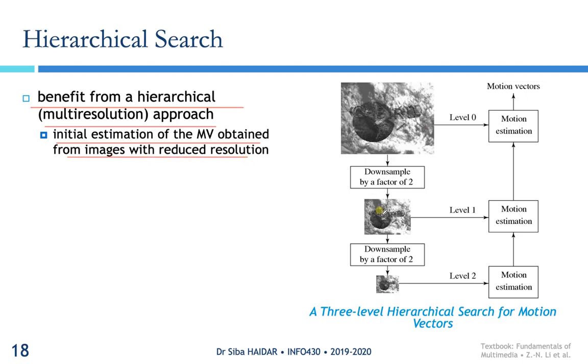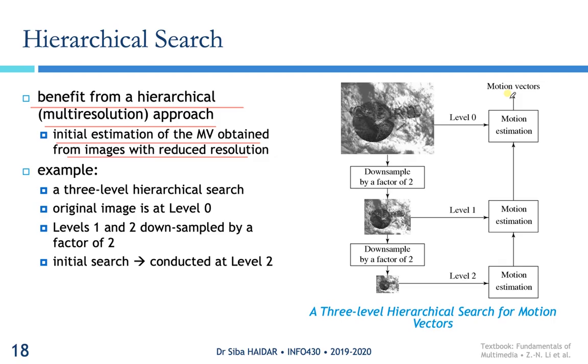You first reduce the resolution, you estimate the motion vector, then you go to the upper resolution and you tune the motion vector. So you estimate again, but you know now where it can be, because you have located it using the reduced resolution, and then you continue. So this is just like the 2D logarithmic search.